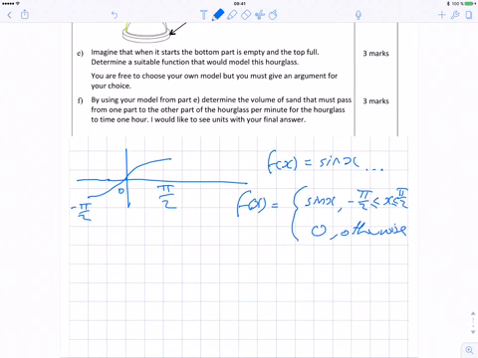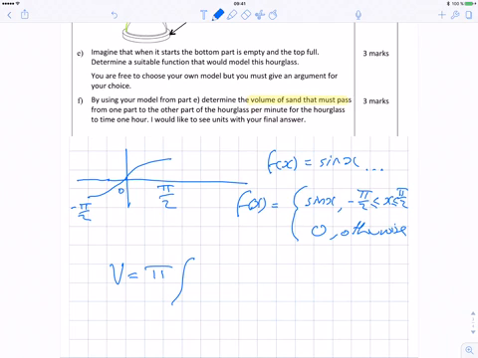Now I'm going to calculate the volume of revolution of that. So I'm going to take the volume of revolution, which is pi times the integral between mine. Now I only want the volume of the top bit, because it says determine the volume of sand that must pass through. Now I'm not writing down my arguments, I'm talking to you about my arguments of why it looks like it does.